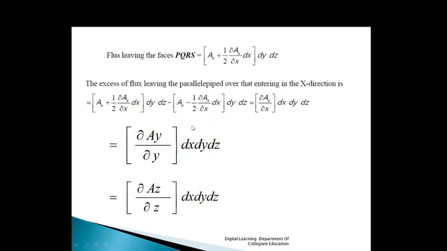Similarly, along the y direction, ∂Ay/∂y into dx dy dz. For the z direction, ∂Az/∂z into dx dy dz.